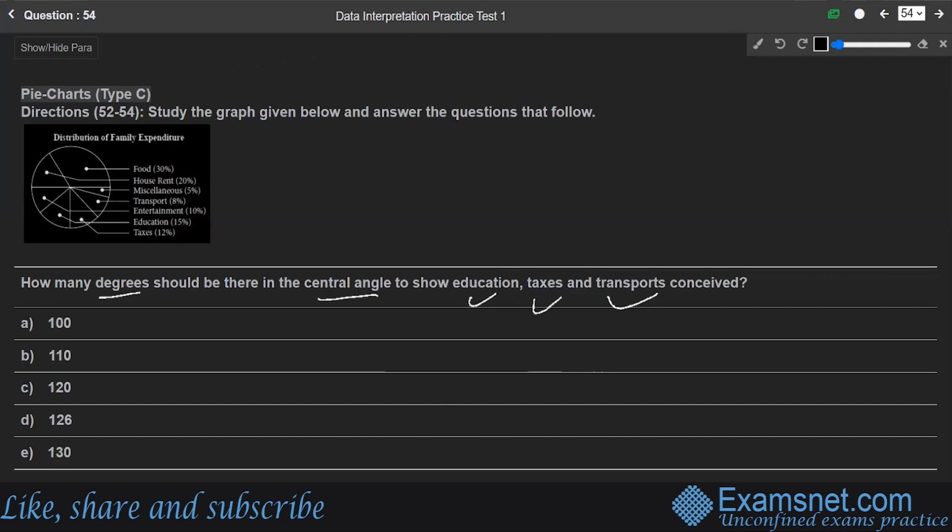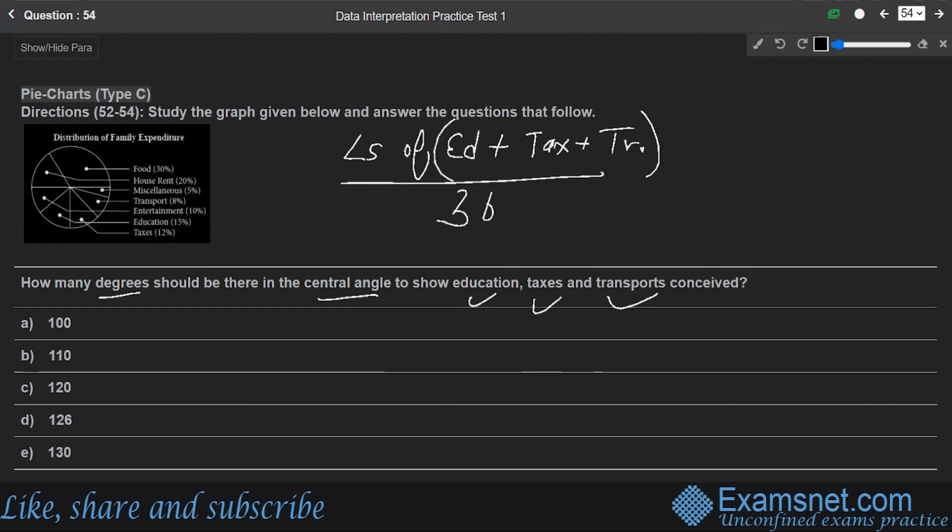So the central angle of education plus taxes plus transport, divided by the total angle of a pie chart, which is always 360 degrees, is equal to the value of education, tax, and transport added together. Education is 15%, taxes is 12%, and transport is 8%.